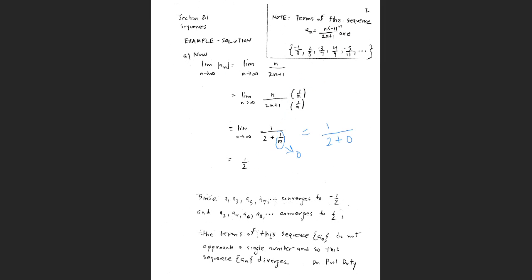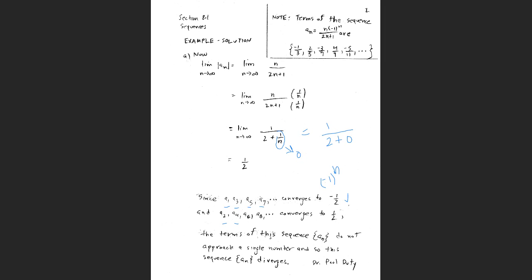But this means then that the odd terms of the sequence approach negative a half, because that -1 to the nth power is going to be negative when you have an odd power.